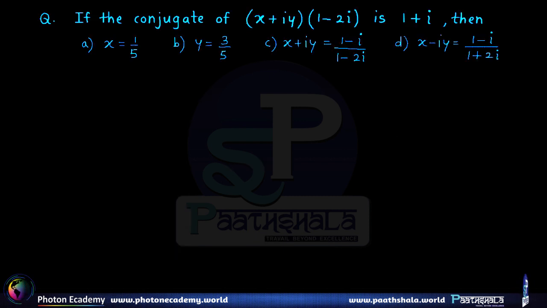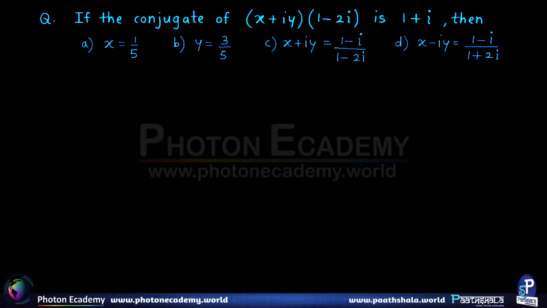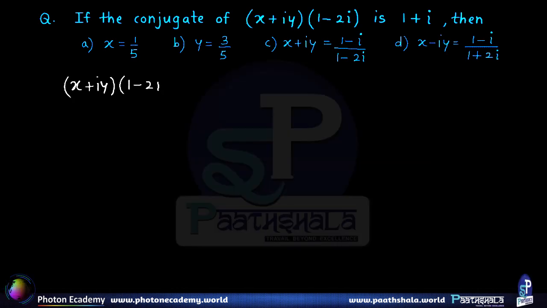Now let's solve a few examples based on the conjugate. In this question, if the conjugate of x plus iy into 1 minus 2i is 1 plus i, then we have to decide which of the following 4 options is the correct answer. What we are given is the conjugate of this particular product, equal to 1 plus i.